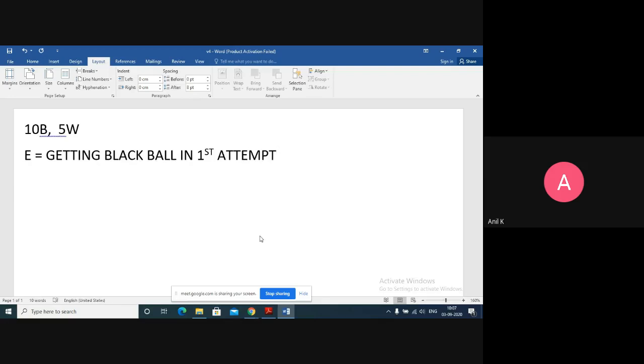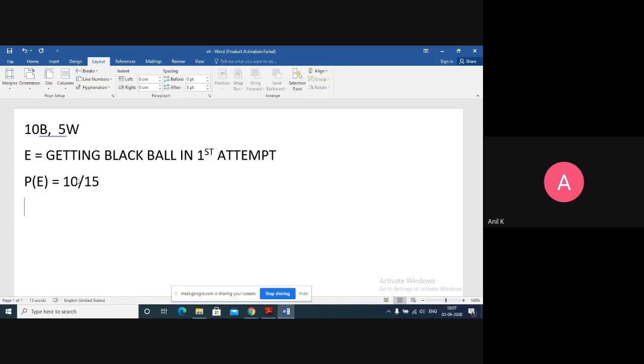That is event E. So if I go for the probability of event E, the probability of getting a black ball in the first attempt, there are total 15 balls. Out of 15, 10 are black. So I can write the probability of getting a black ball in the first pickup is 10 upon 15.